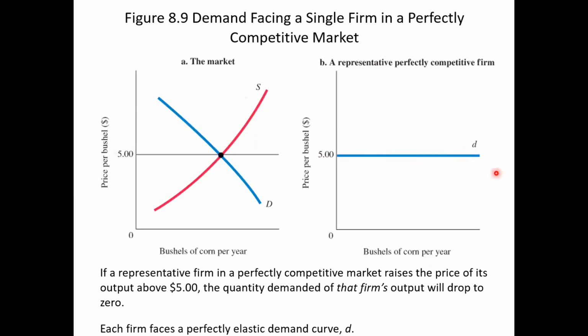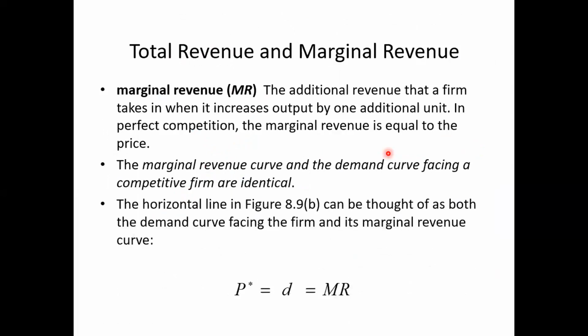So this horizontal demand curve has really interesting components. This price from the demand curve is also equal to the average revenue. The average revenue you get for each sale is $5, is also equal to marginal revenue. So price equals demand equals marginal revenue also equals average revenue.